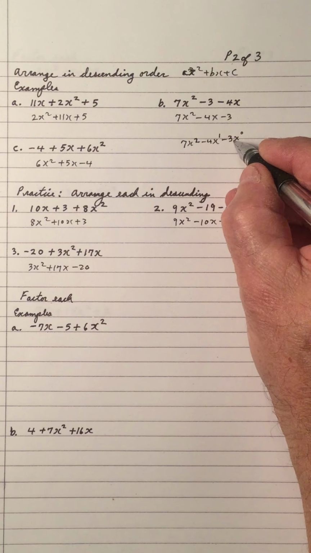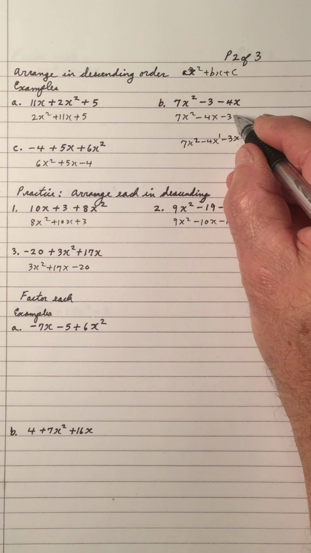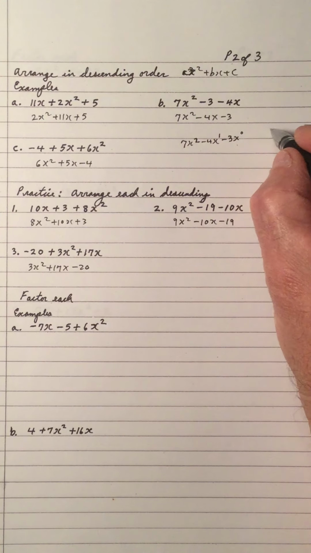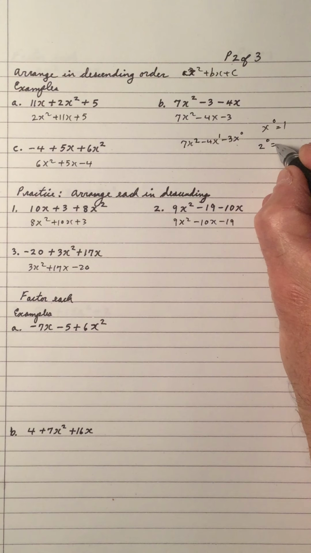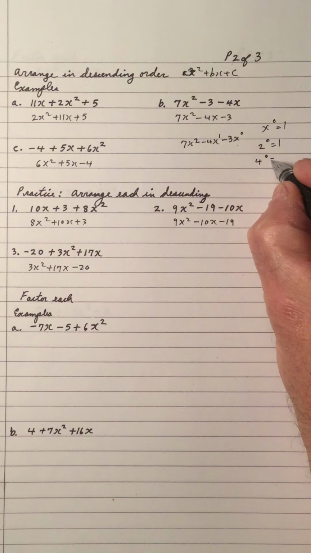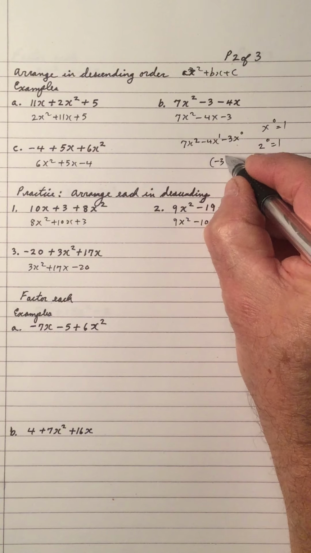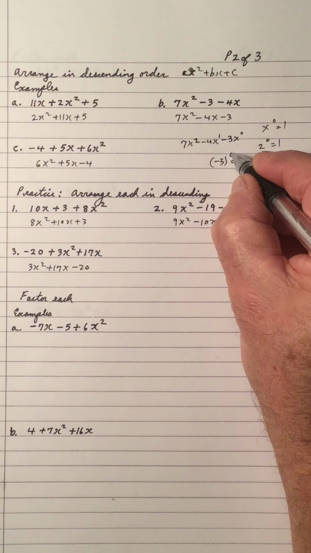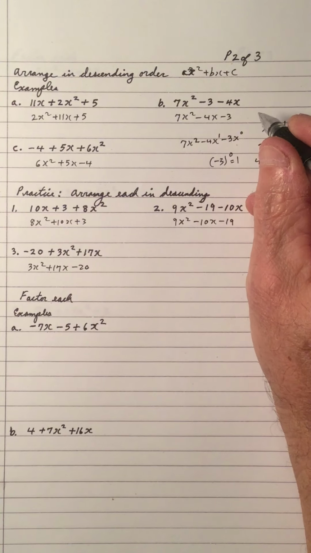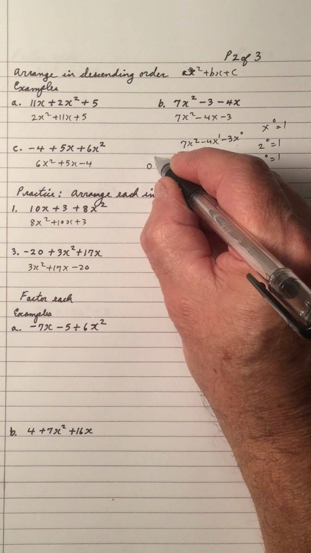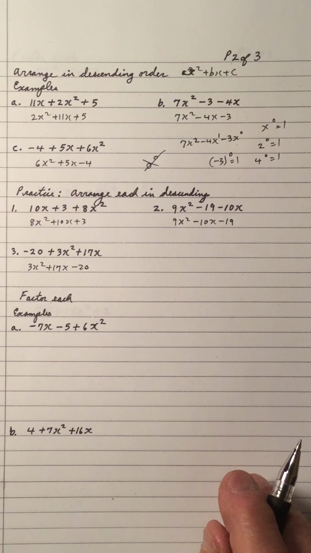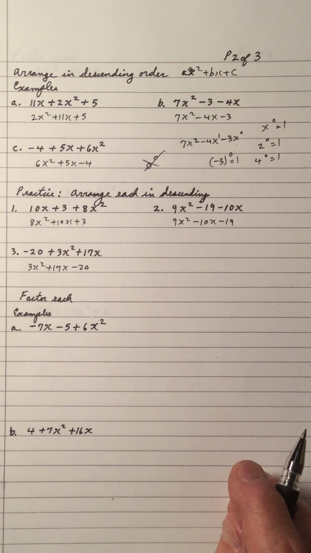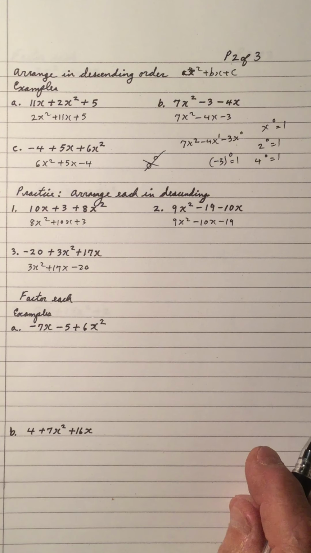But an x to the 0 is 1. So that's why you don't see an x here, because x to the 0 is 1. 2 to the 0 is a 1. 4 to the 0 is 1. Negative 3 to the 0 is a 1. So any number to the 0 power is 1. But 0 to the 0 power doesn't work. Try it.